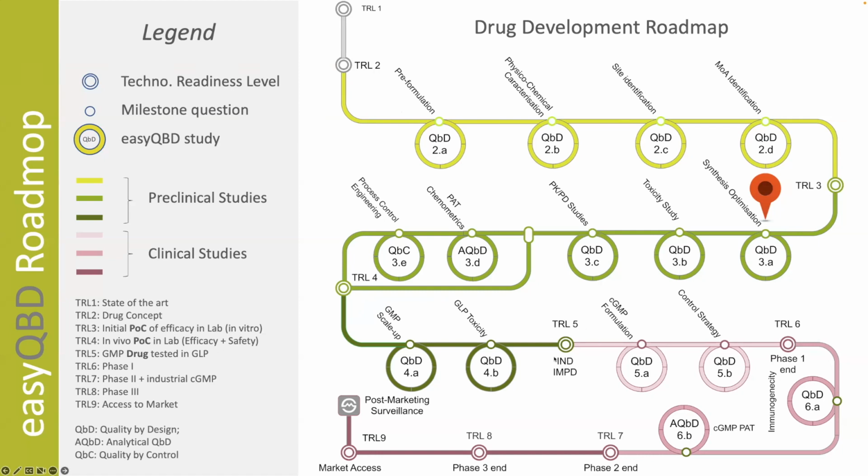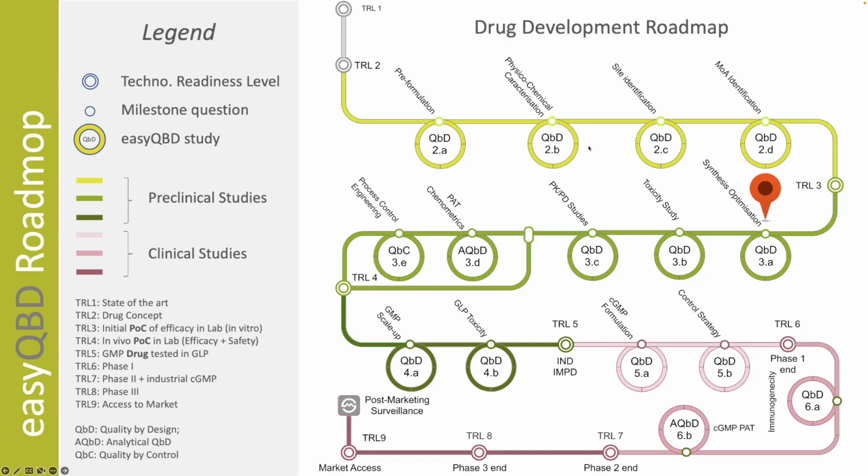When you've got a drug developed in GMP, tested in GLP, you are at level 5, and levels 6, 7, and 8 correspond to the end of clinical phase 1, clinical phase 2, and also clinical phase 3.